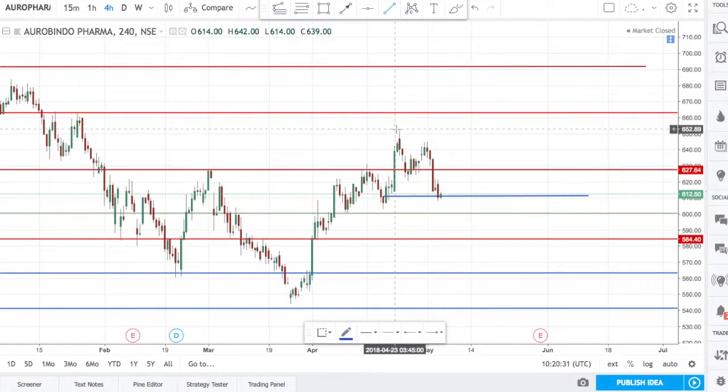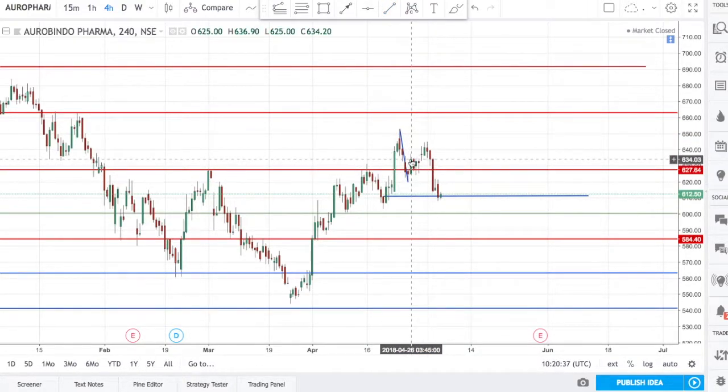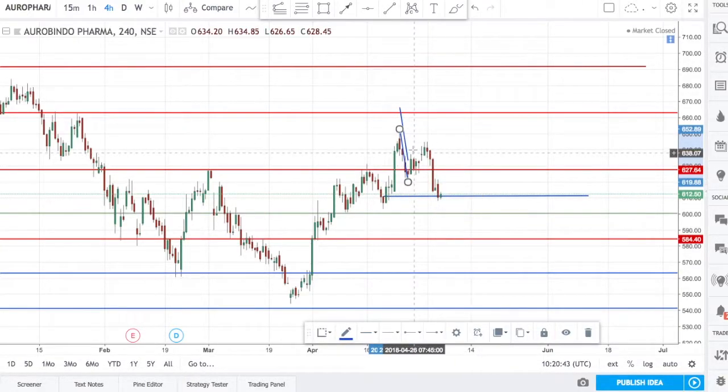First, let's see if we have an ABCD pattern, or let's see where the completion of the ABCD pattern comes.